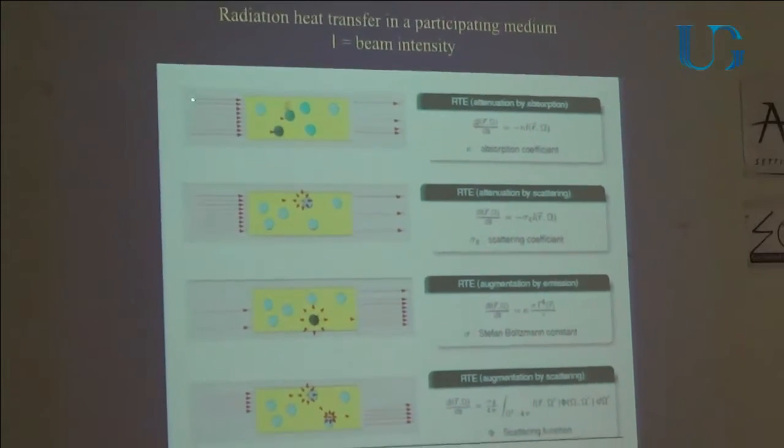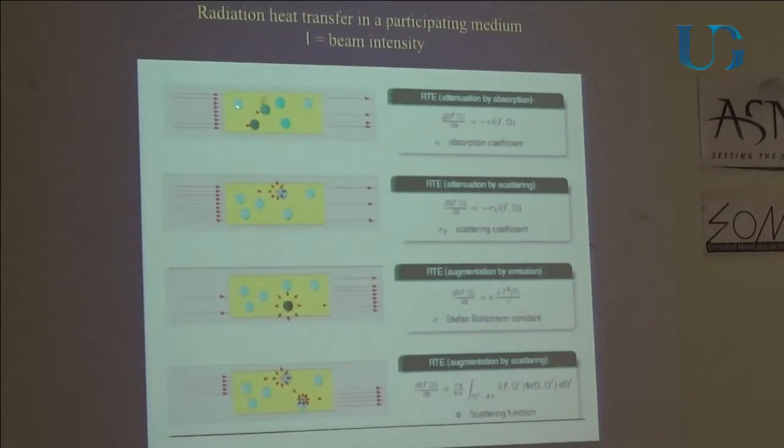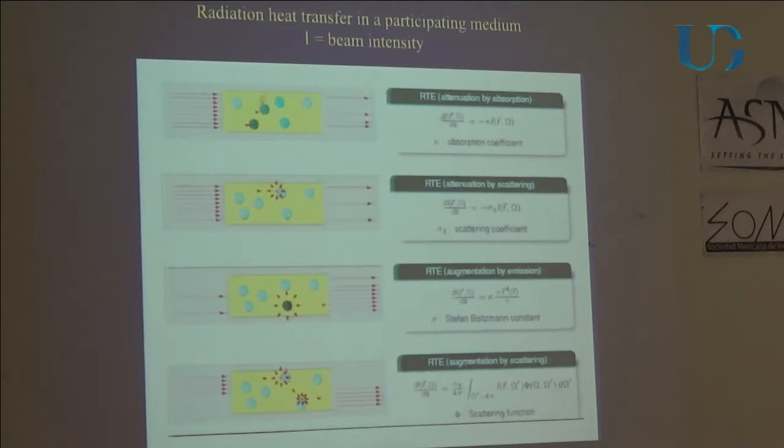Now, if the radiation comes into a system of this sort, it will be attenuated by absorption. That is, the radiation will interact with the circles and will be absorbed. So if I take a balance of the radiation that comes out on this side, it will be diminished. Why? Because some energy is stored in the particles.